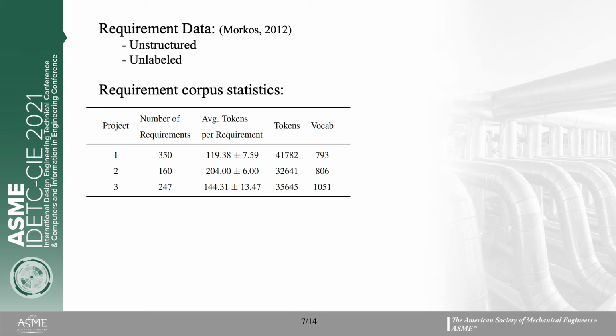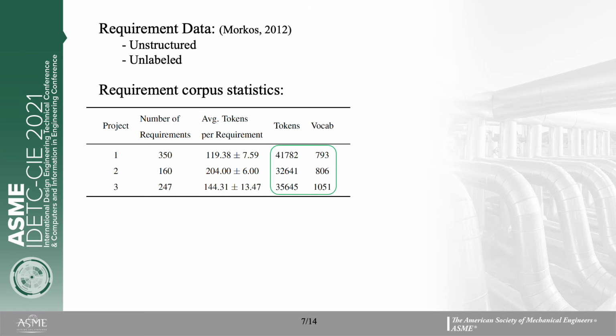The industrial projects we have are acquired from a previous research project. Each of them has a various number of sentences and sentence lengths. Tokens are the total number of words in the project, and the vocabularies are the number of unique words in each project.